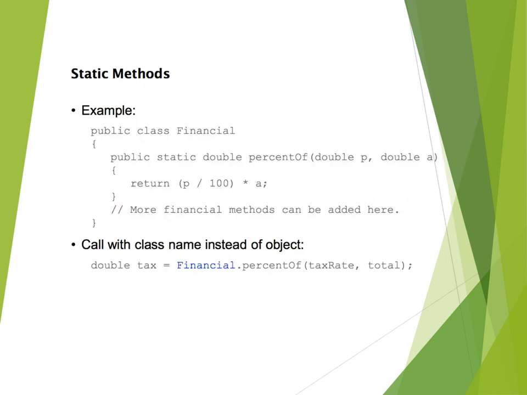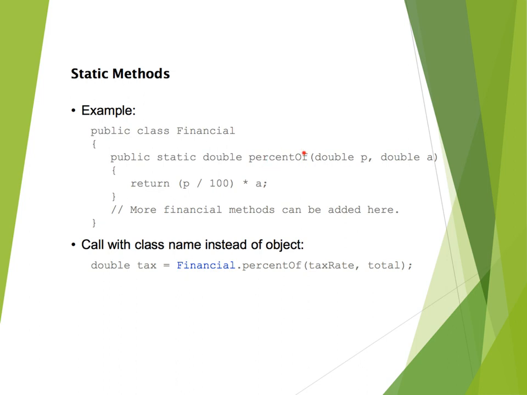So here you can see an example of static methods. We have a public class Financial, and inside this class we have some static methods like percentOf, which calculates the percentage. It simply divides p, the first parameter, by 100 and then multiplies it by a, which is the second explicit parameter.